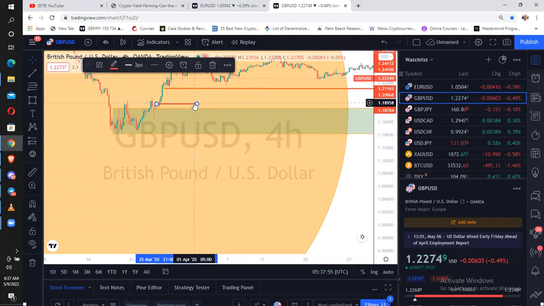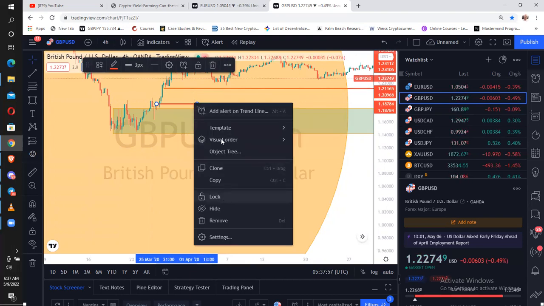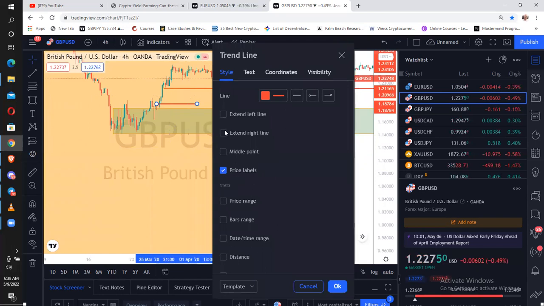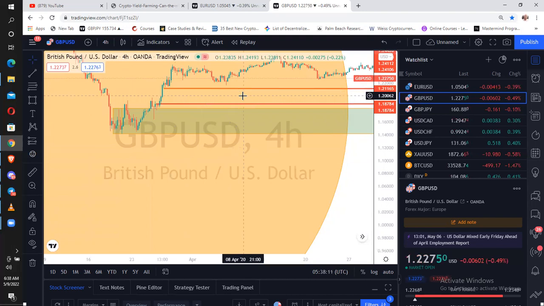So let's make this work, extend it. Setting, extend right. Good. It's been extended, right? So let's still extend this liquidity zone.